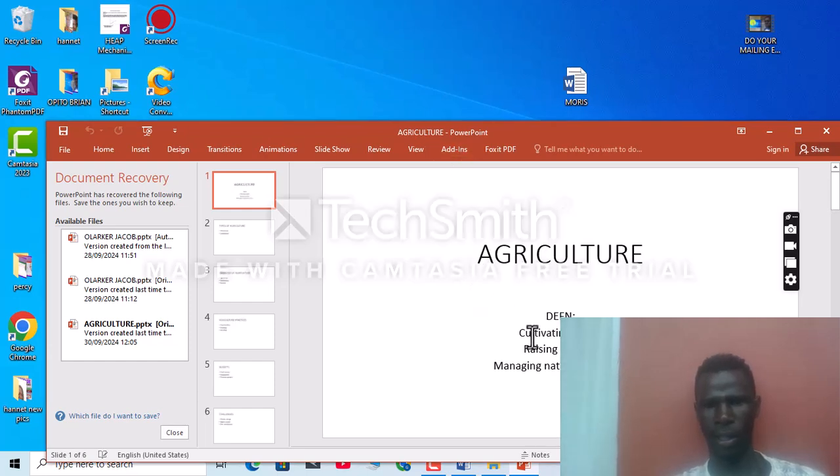As you can see, we have here the topic called agriculture, and the first slide is a definition for agriculture that I've split in a way that you can understand it very fast. The definition: cultivating plants, raising animals, managing natural resources.